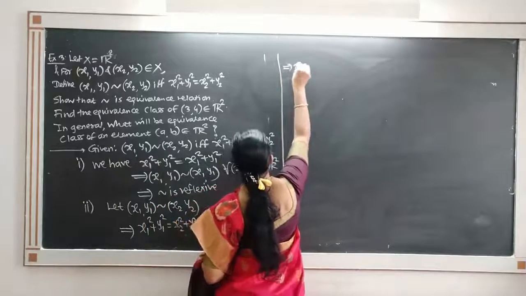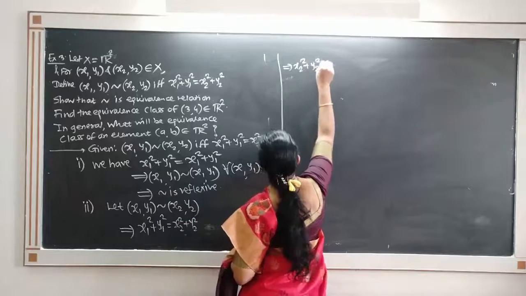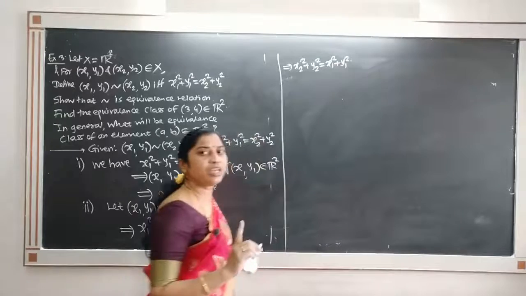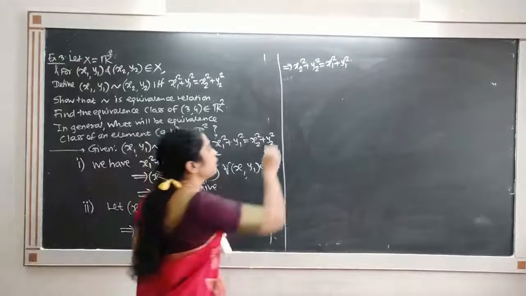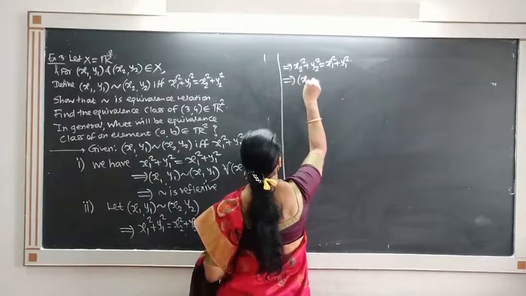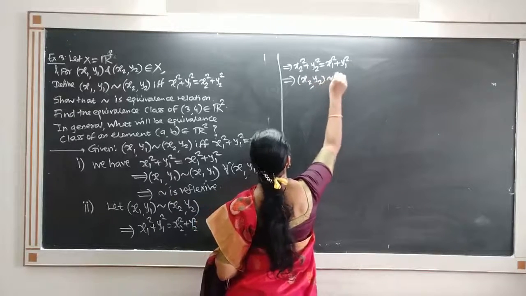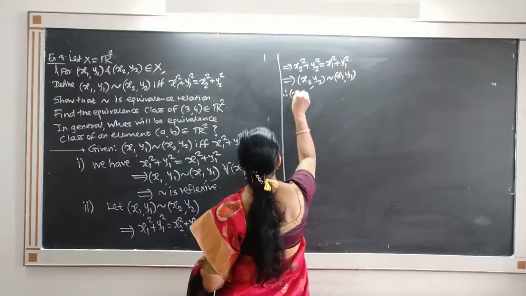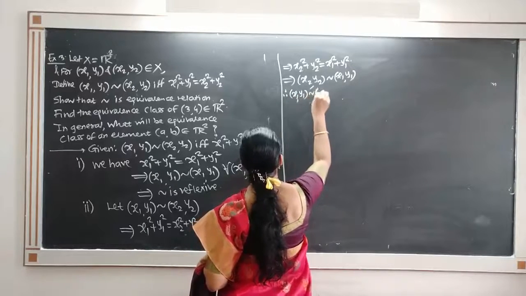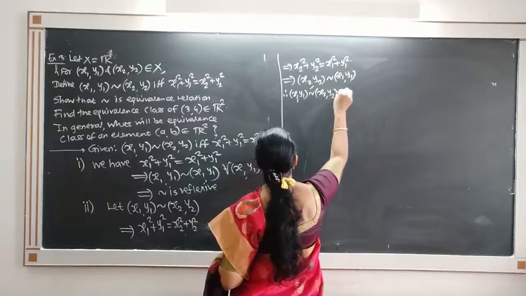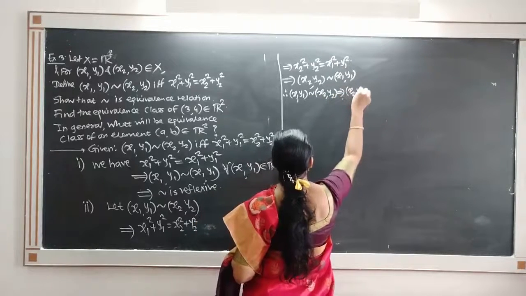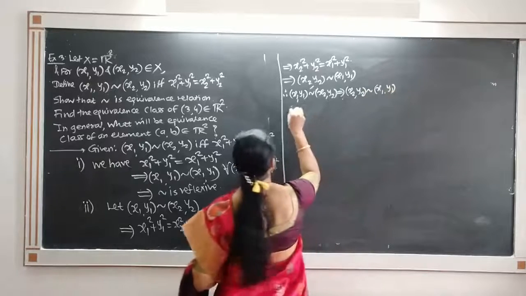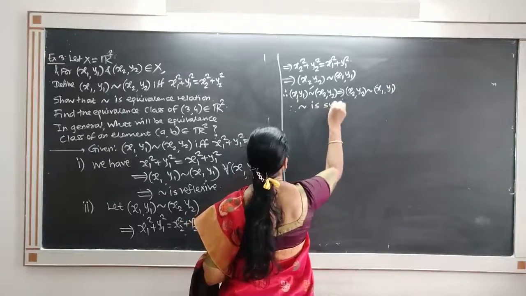This implies that x2 square plus y2 square is also same as x1 square plus y1 square. We only interchange LHS and RHS. But what is the meaning of this? This is nothing but the pair (x2, y2) is also related with (x1, y1). So starting with (x1, y1) related to (x2, y2) also implies that (x2, y2) is related with (x1, y1), and therefore this relation is symmetric also.